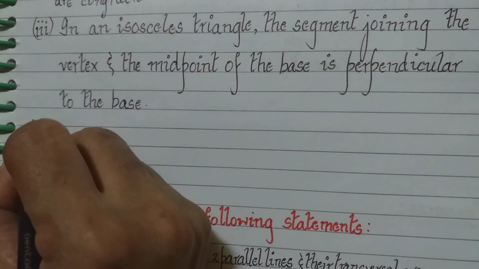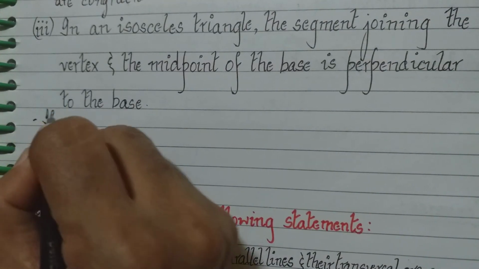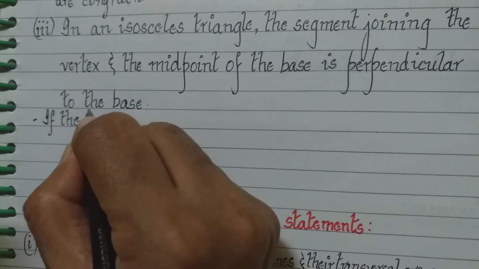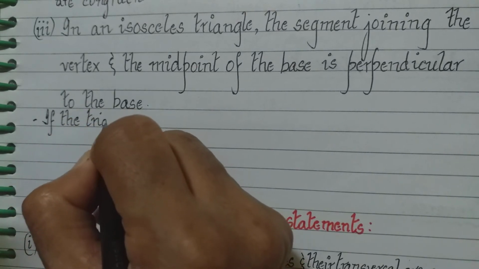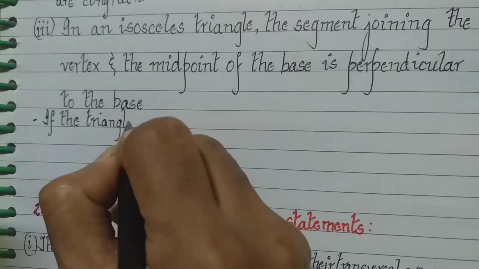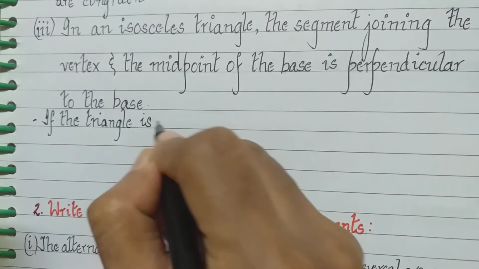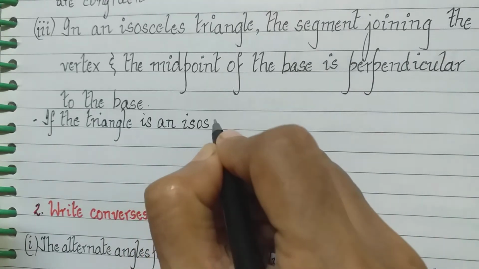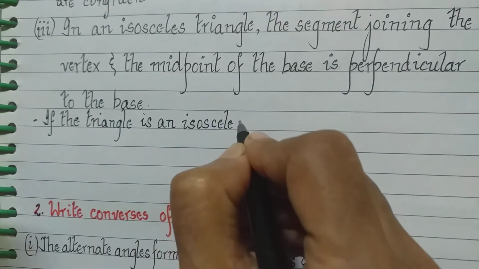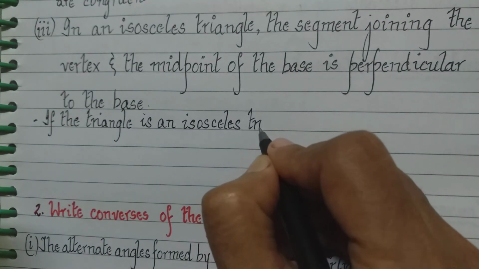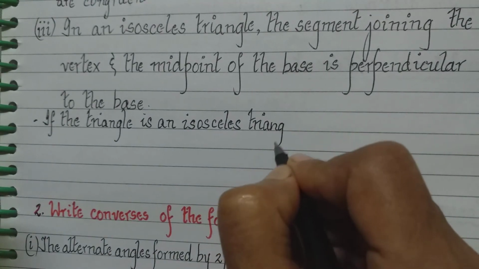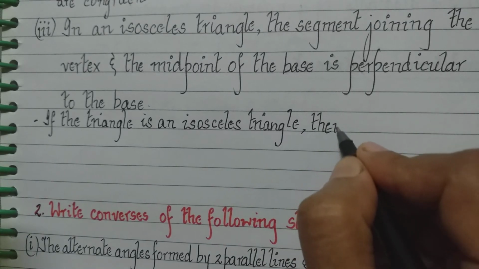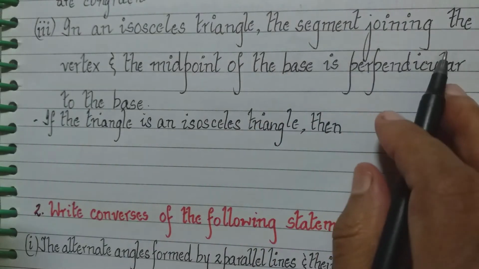So let us write the answer. If the triangle is an isosceles triangle, okay, so the antecedent we have written, then we put a comma and write then. Now the consequent is as given here.